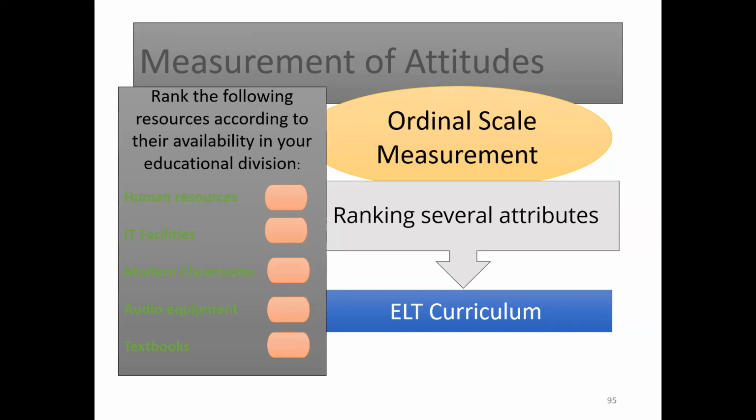So you get the participants to rank. Here, they will select textbook availability number 1. IT facilities are also available, but not like textbooks, number 2. Number 3, human resources are available. The weakest one is modern classroom. So you can calculate the frequencies. This is ranking.